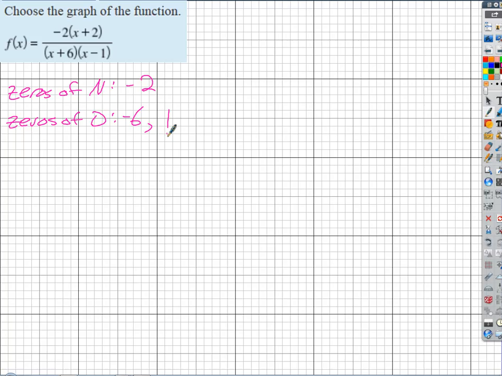If we were to make a sketch then, let's see. So that tells us that we've got a vertical asymptote there, we've got a vertical asymptote there, and we've got an x-intercept there. Okay, that tells us quite a bit, right?